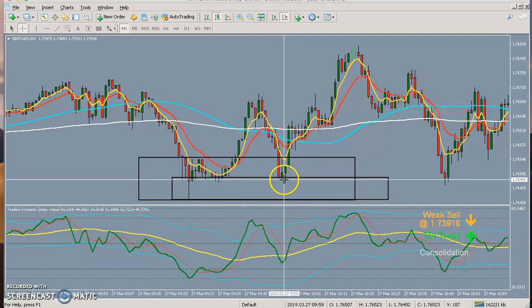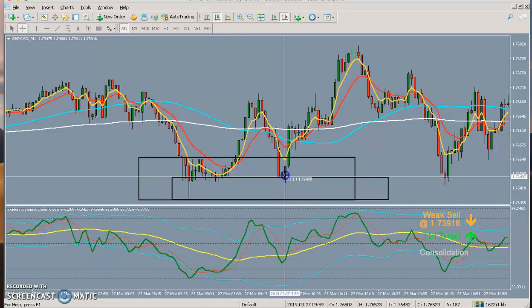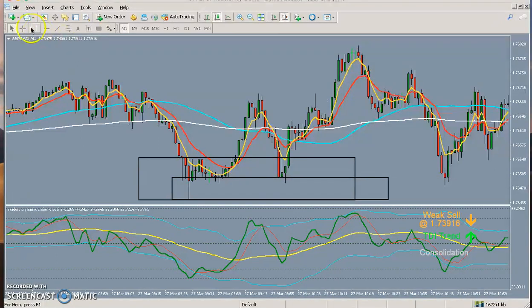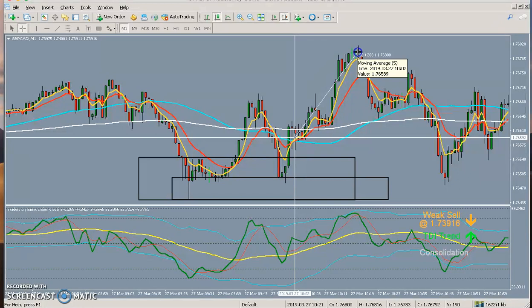It's at the same level, but it's not there, right? Let's say we took it here. That right there is the easy 30 pips, right? What we were doing before was this. It crosses and then we got in here, right?